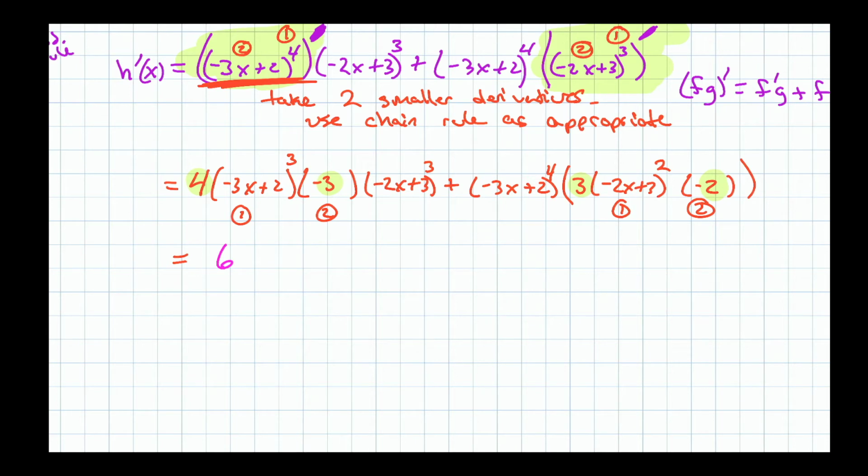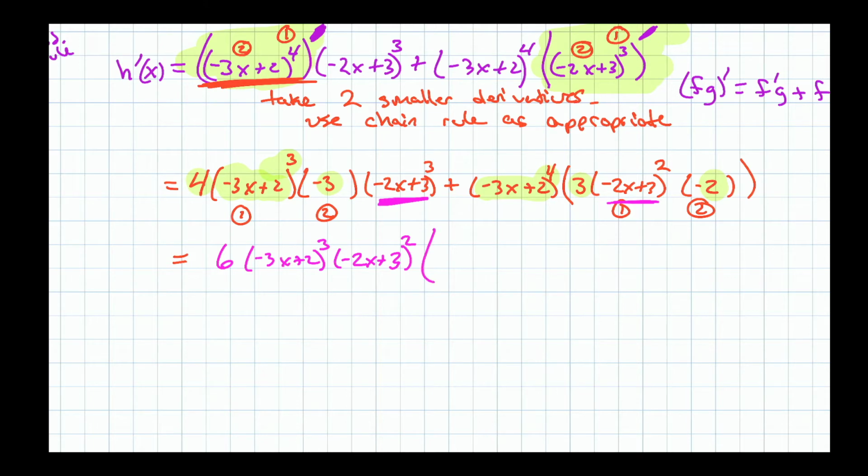And then what else do they have in common? They both have a negative 3x plus 2 to the 3, right? This one has it over here, but it's to the fourth, but I can take out 3 of them for sure. And then the last term, here and here, I have negative 2x plus 3 squared and negative 2x plus 3 cubed, so they both have 2 of them, so I can take out 2 of them like that.